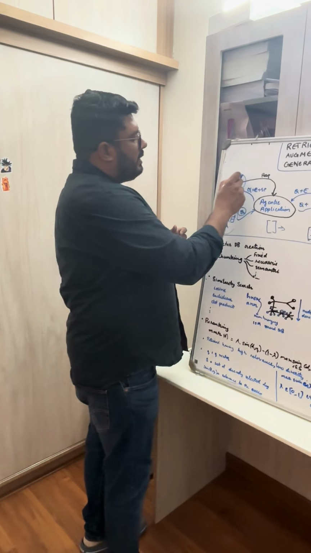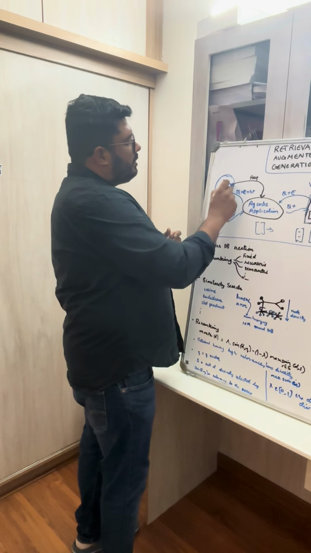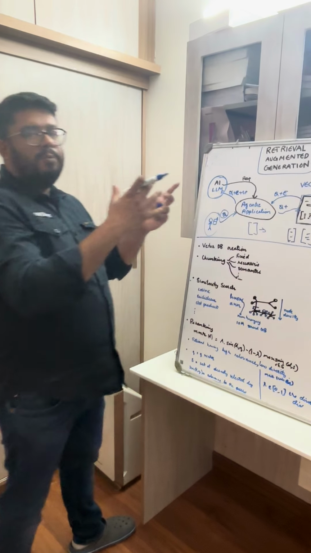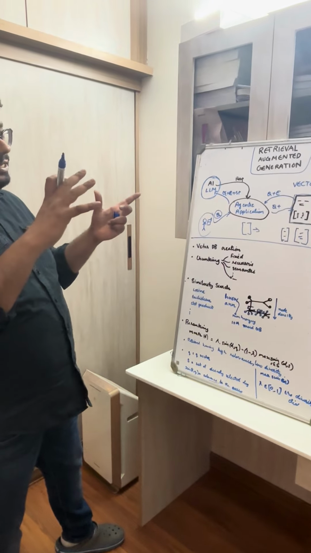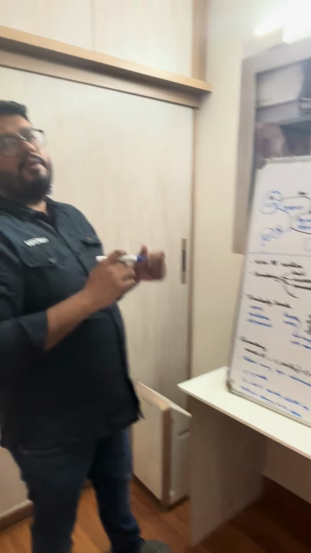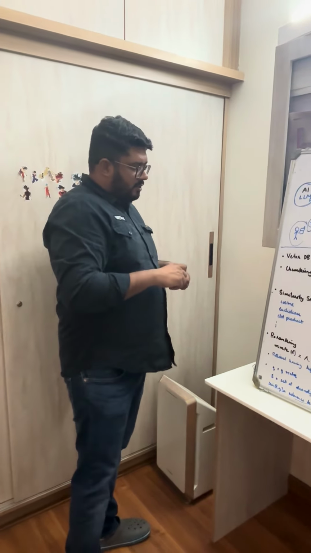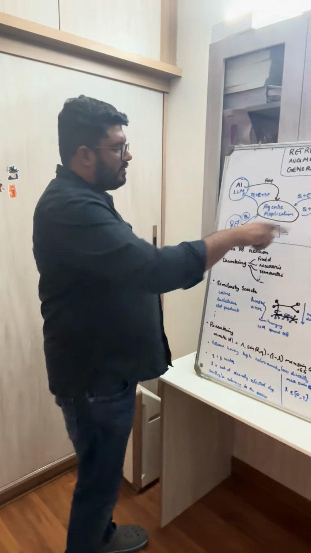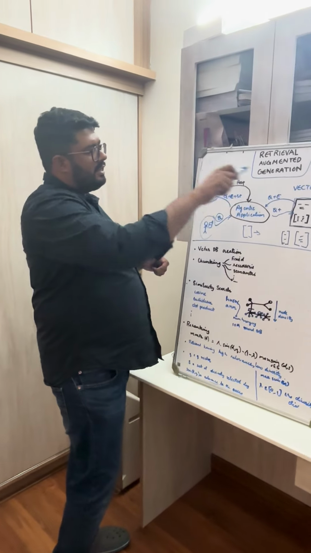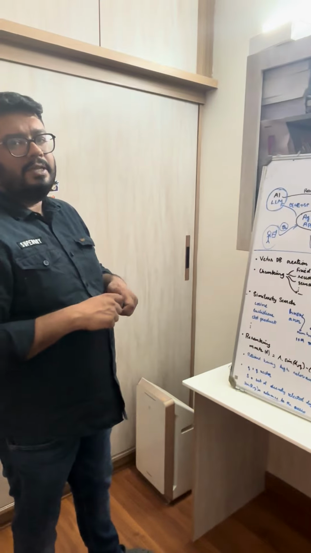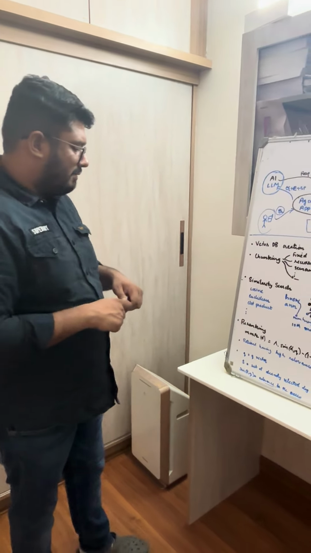So this has to be inputted into the LLM for the LLM to provide additional context along with the context that you have provided already. So that is similarity search, and RAG is an entire flow using a vector database to supplement the context of a large language model.